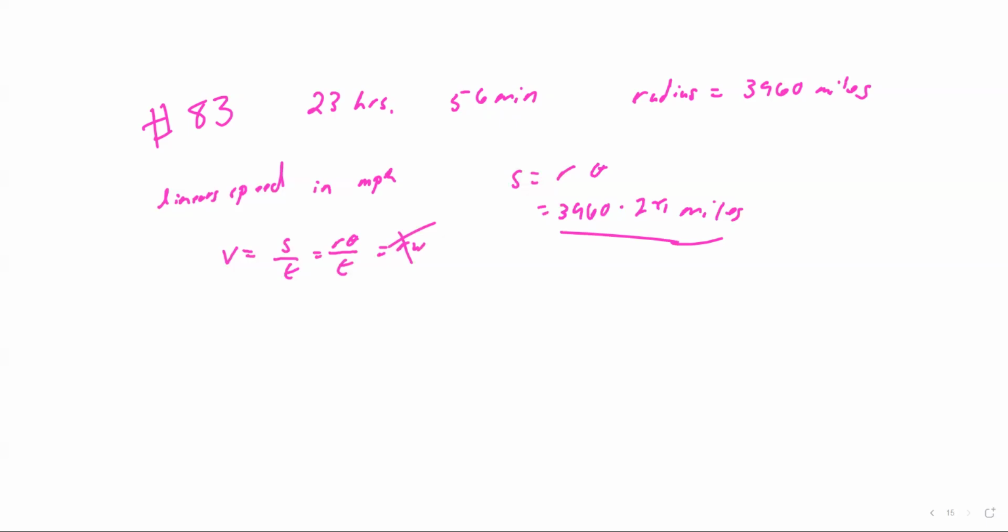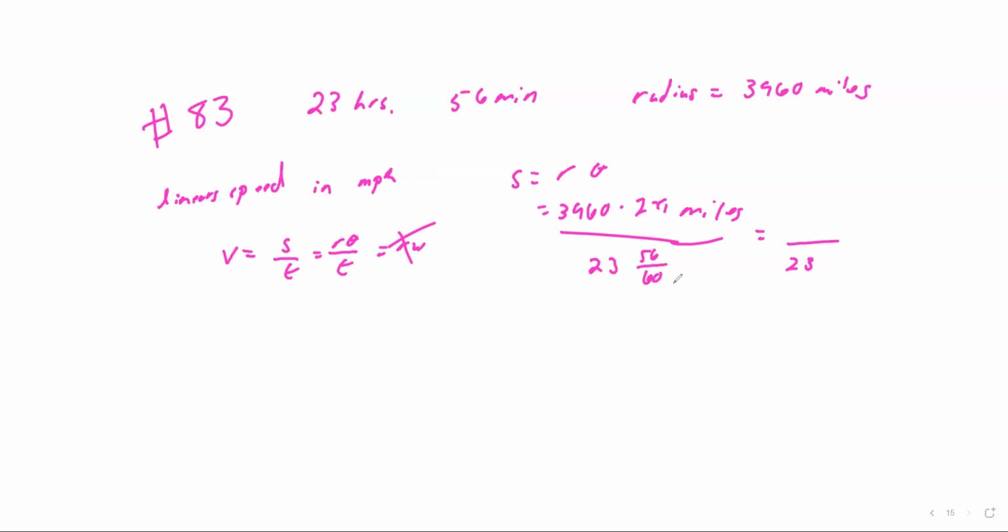So let's do 56 divided by 60 plus 23. Okay, so that's going to be 23 and 56 over 60. That needs to be reduced. 56 divided by 2, that's 28 over 30. 28 divided by 2, that's 14 over 15.